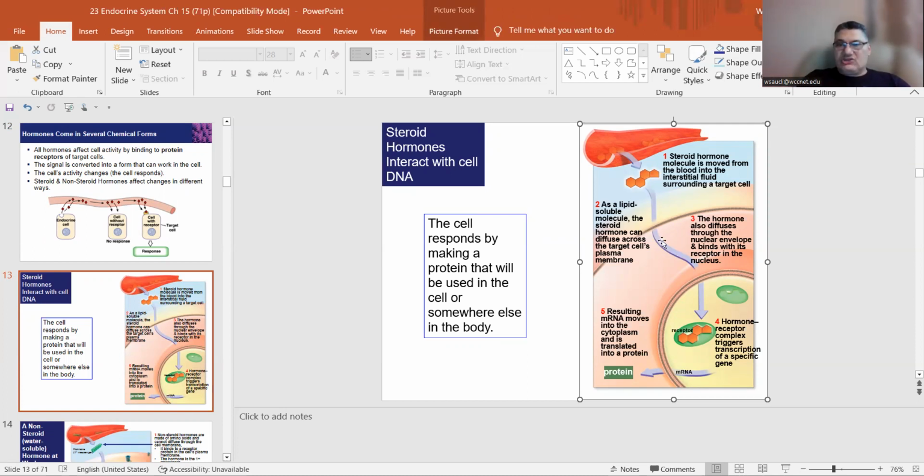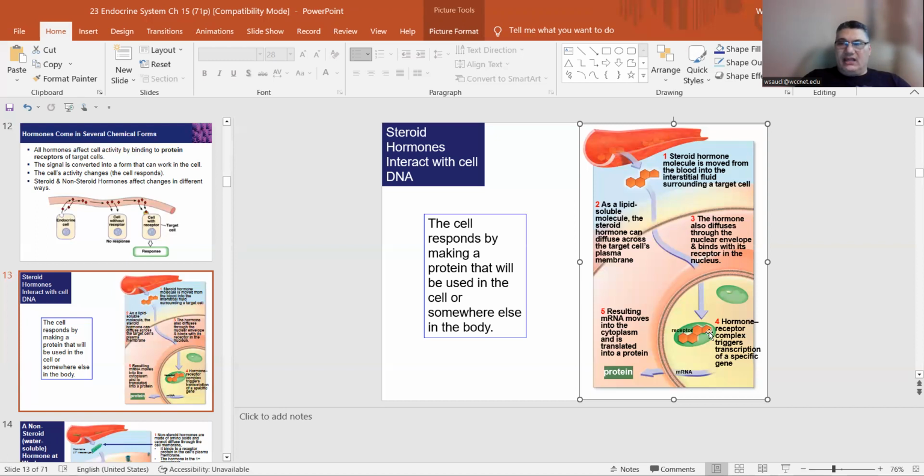No, it will just cross the membrane, go through the whole cytoplasm, and actually target the nucleus. It will enter through the nuclear pores. Remember when we did the nucleus, it contained tiny openings called pores, and it will go all the way inside the nucleus, targeting the DNA.